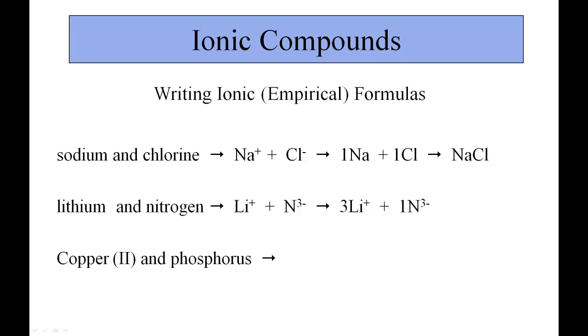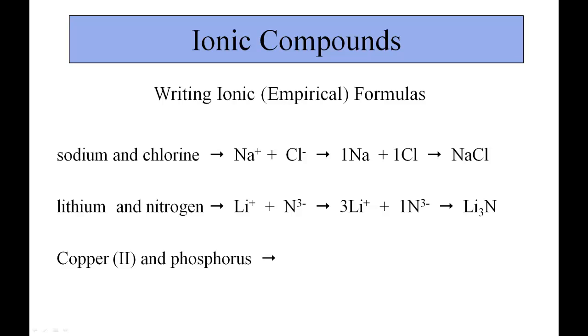If I take +3 and -3 and add it together, I get 0. So the way I'm going to show that I need 3 lithiums and 1 nitrogen is I write lithium with a subscript of 3 and nitrogen with no subscript at all, but you must remember that that means there is 1 nitrogen.